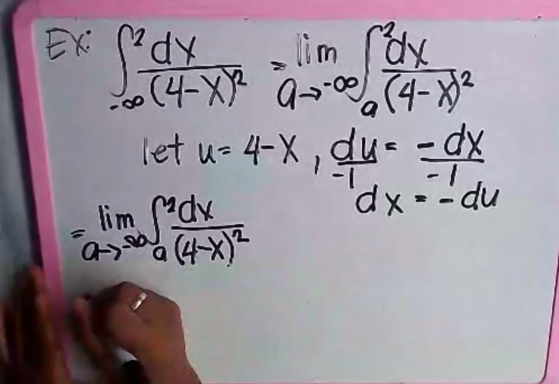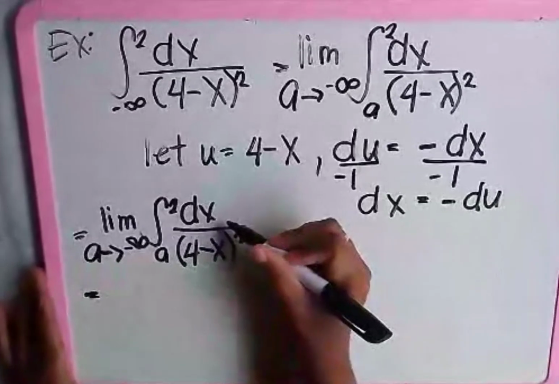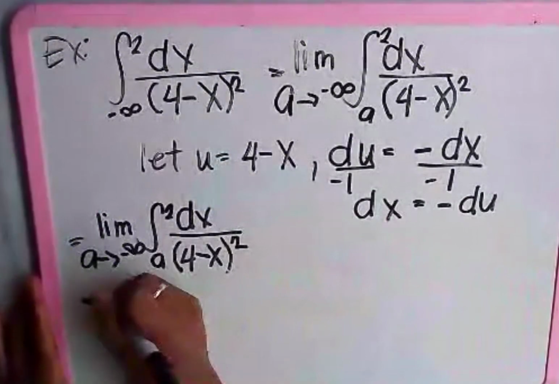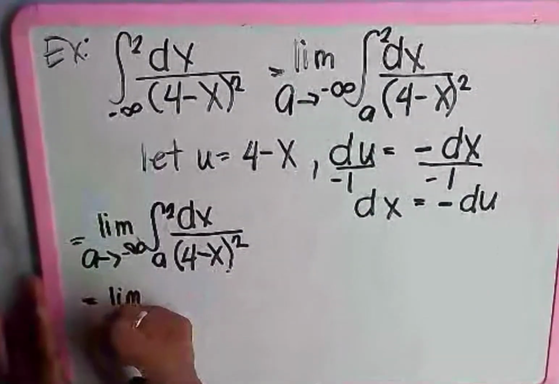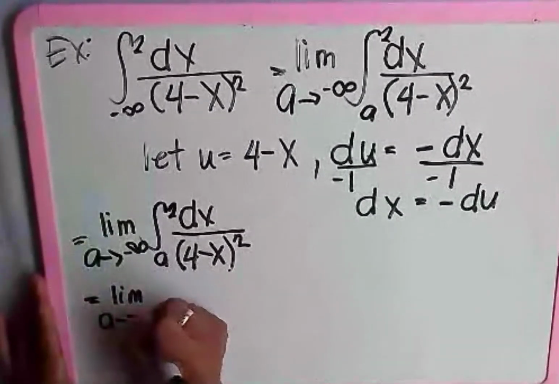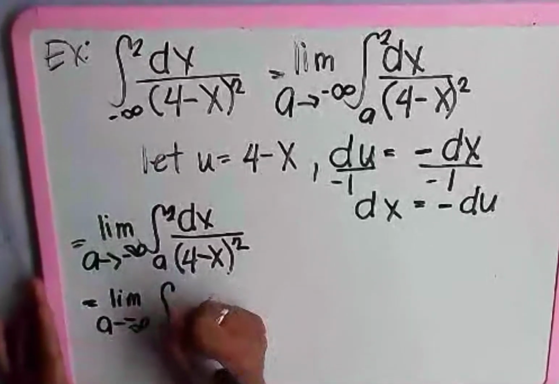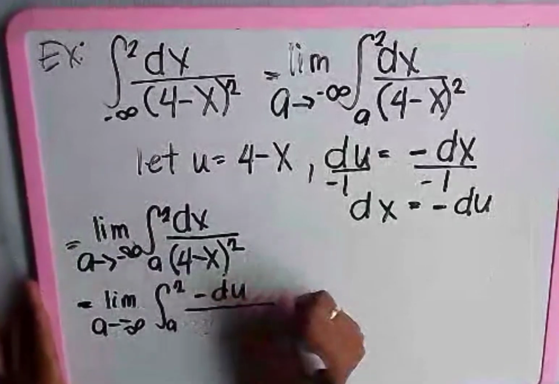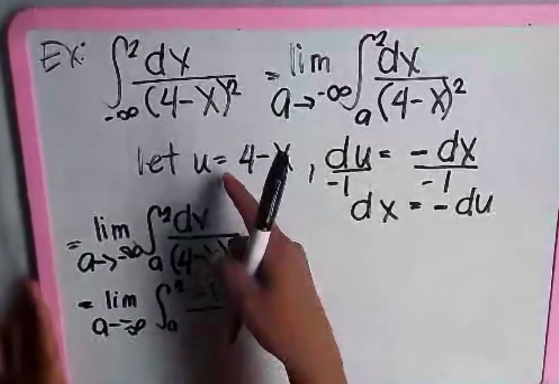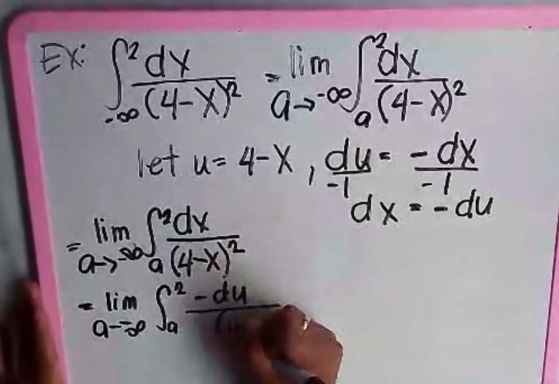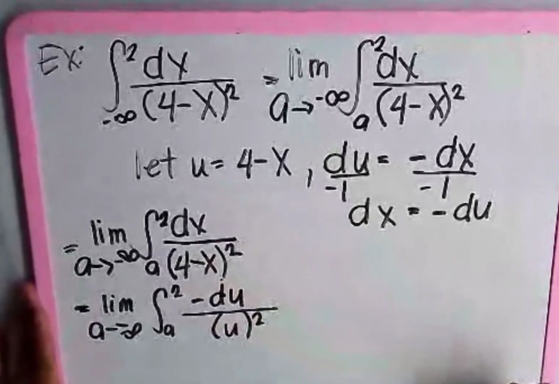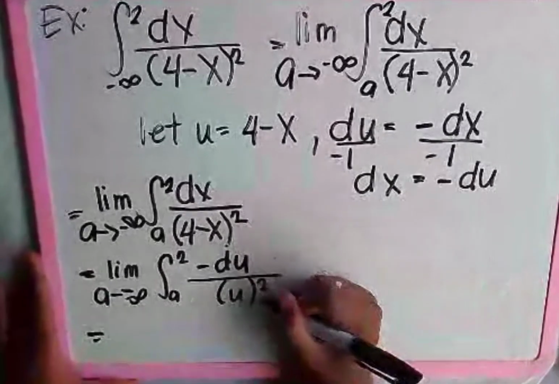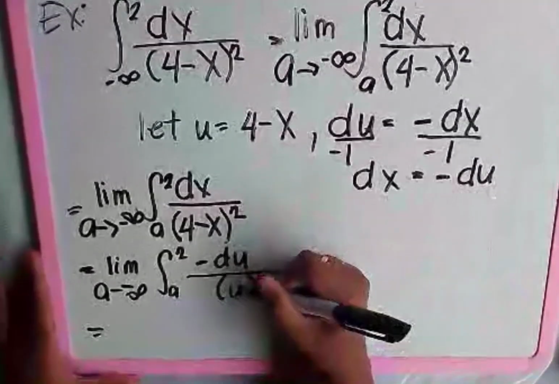is equal, since dx is equal to negative du, we substitute the value. So, negative du over 4 minus x is our u, so u squared. So we take the integration of this function.